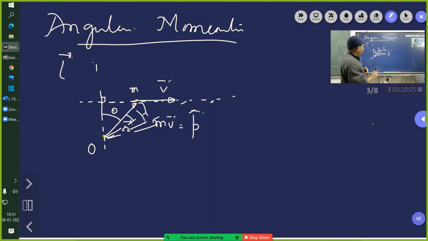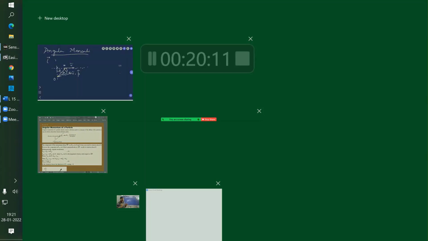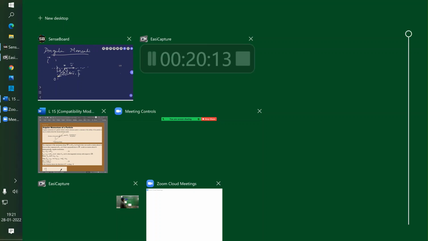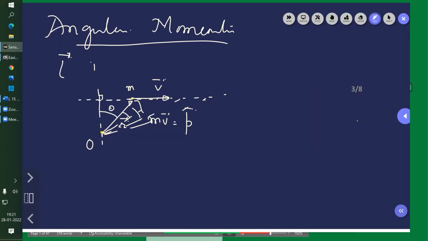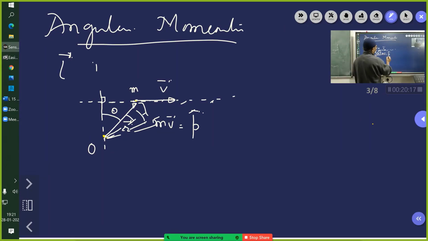So you can see that the momentum of this body, please appreciate and understand, the linear momentum P is constant. It is not changing, right? Why is it not changing?